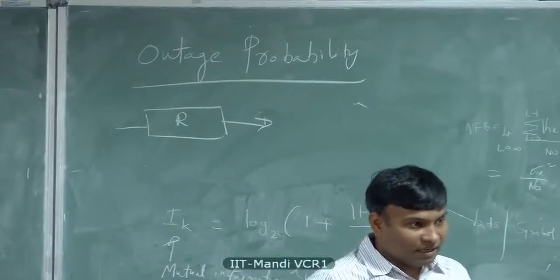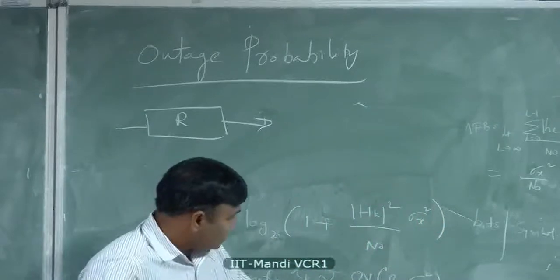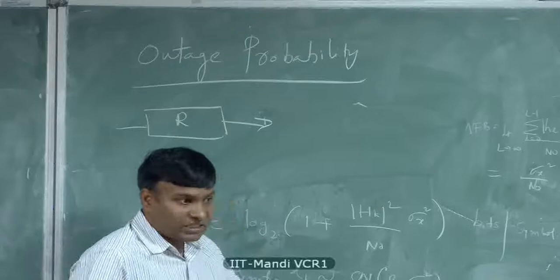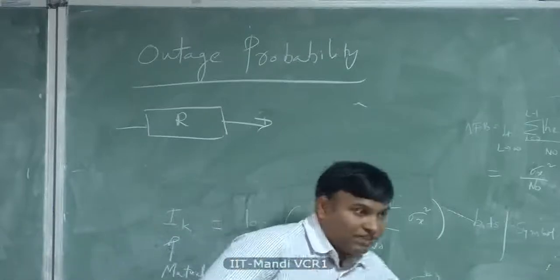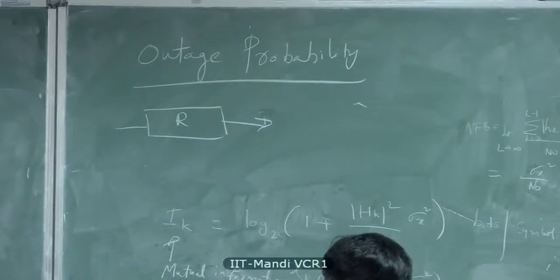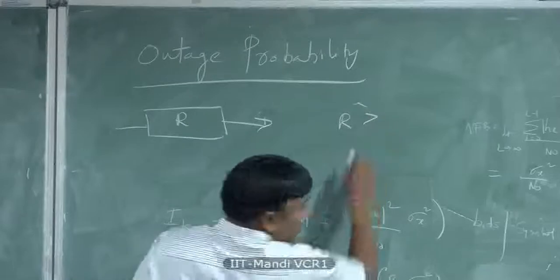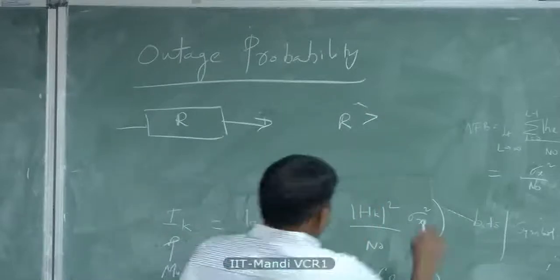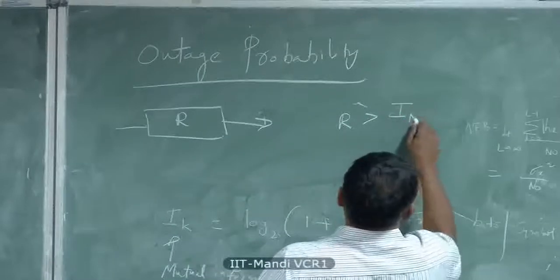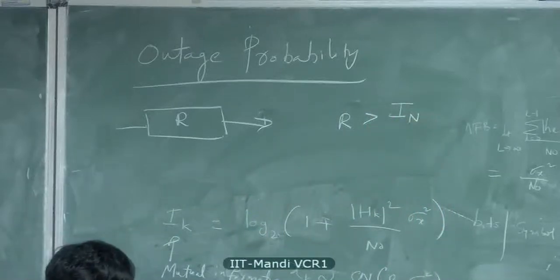You choose a rate R. And the channel has a mutual information of so much for that particular realization of the channel. If R is greater than I_N, what happens? Well, you can't decode the information reliably and an outage occurs.